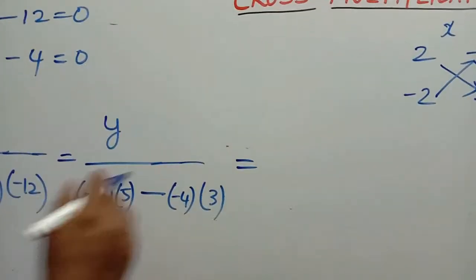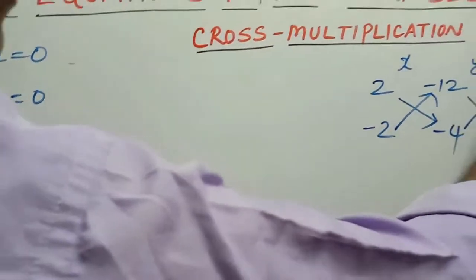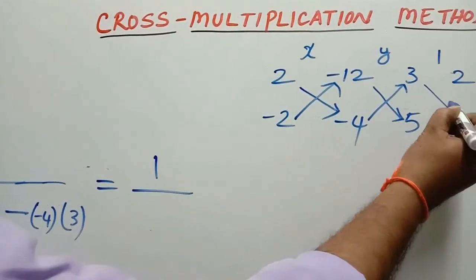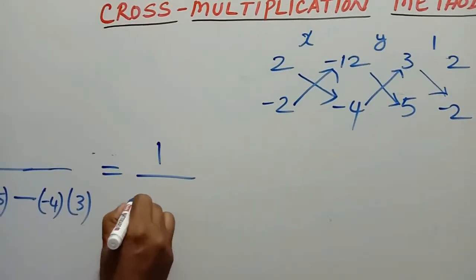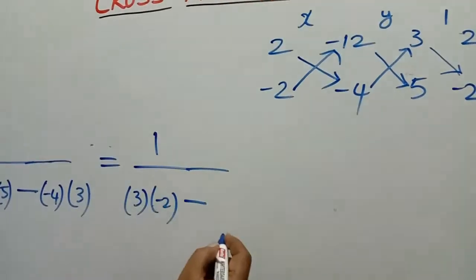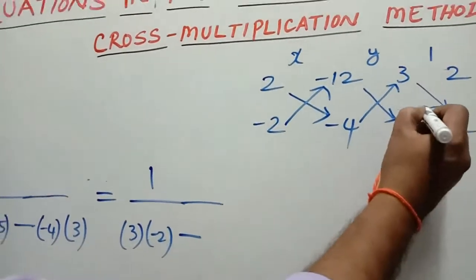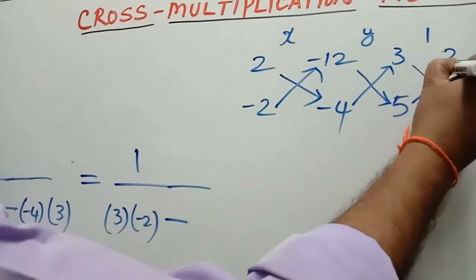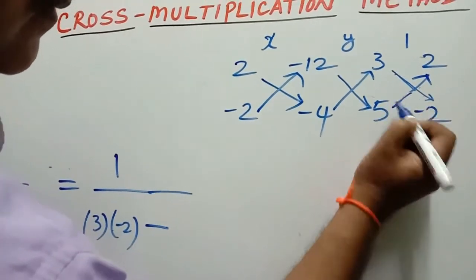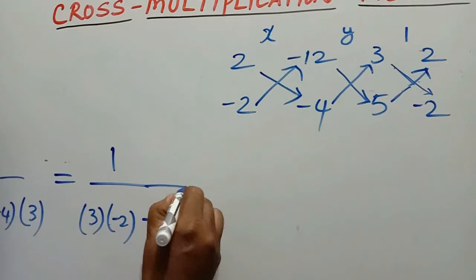Next, 1 by 3 into minus 2, formula minus 5 into 2.